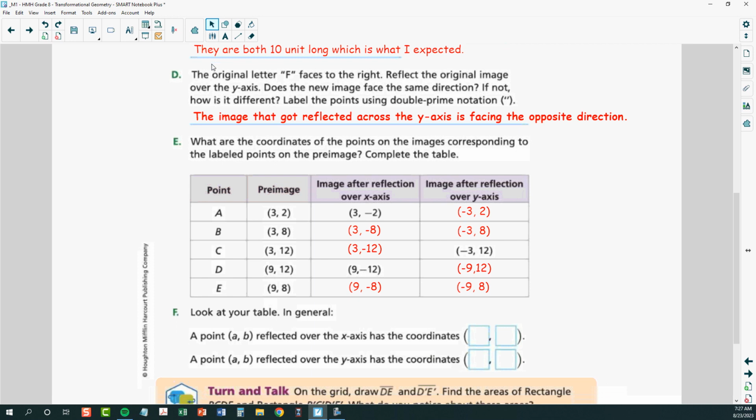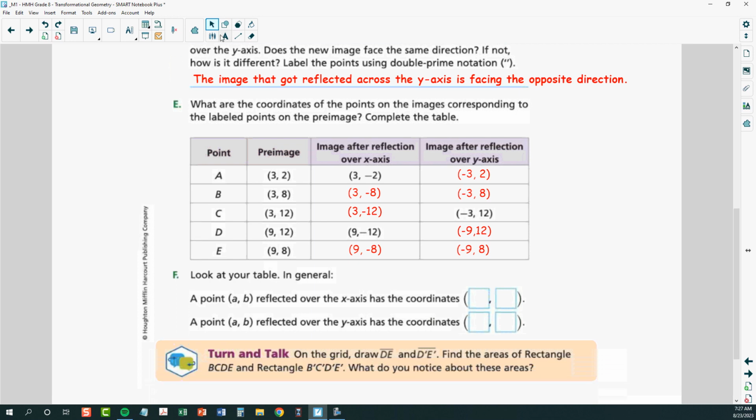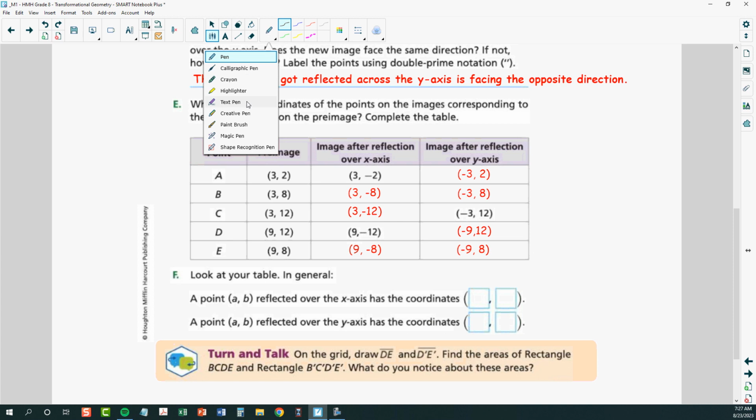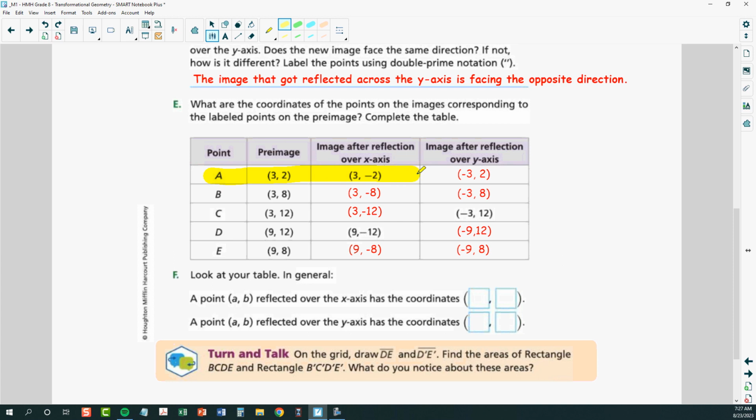Now, what I would like for you to see is, for letter A, for point A, do you notice a pattern here? How about for B? Do you notice a pattern here?